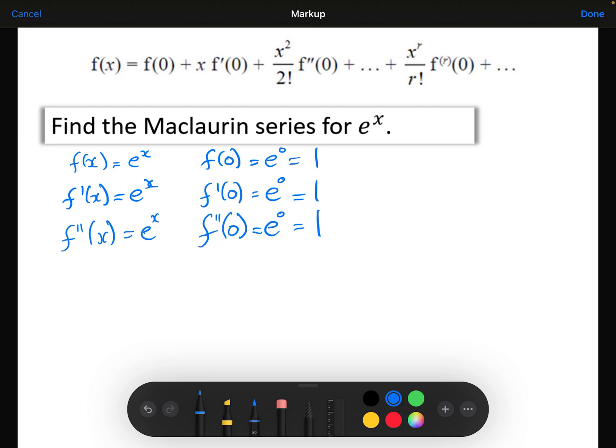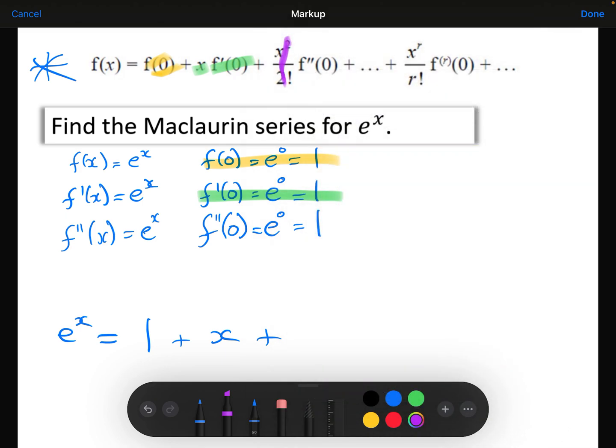So plugging these results into our series expansion at the top, our f(x), our e to the x, is going to be equal to f(0), which is 1, plus x times f'(0), so x times 1, plus x squared over 2 factorial, two times 1 is just 2, multiplied by f''(0), which is 1.